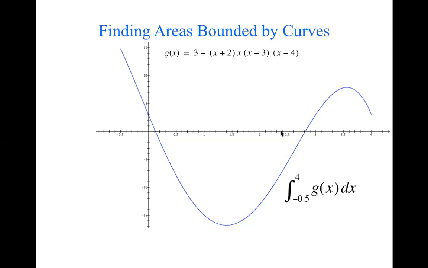So all of this part in the middle, space-wise, is counted as negative, just like it should be. Thinking about the actual interpretation of this, this is a rate that's happening, and it's negative rates. It's taking away from what happened earlier.